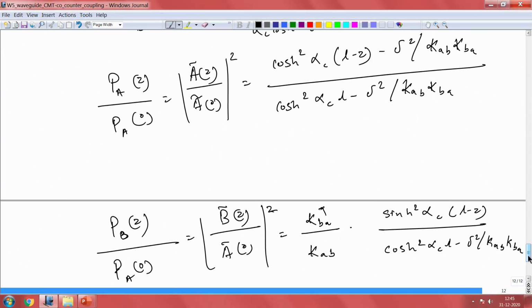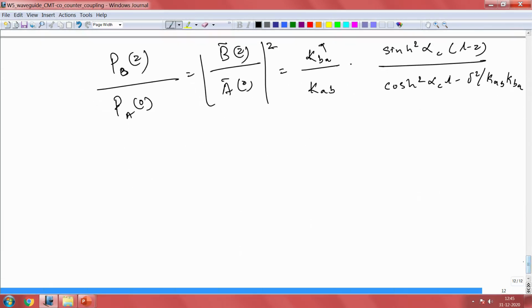So, this is what we have when we do coupling from one mode to the other mode. So, this is how the power coupling happens. You can see here it is not straightforward, like what we had for the co-propagating case. It's hyperbolic in nature, but then the efficiency will also be of that nature.